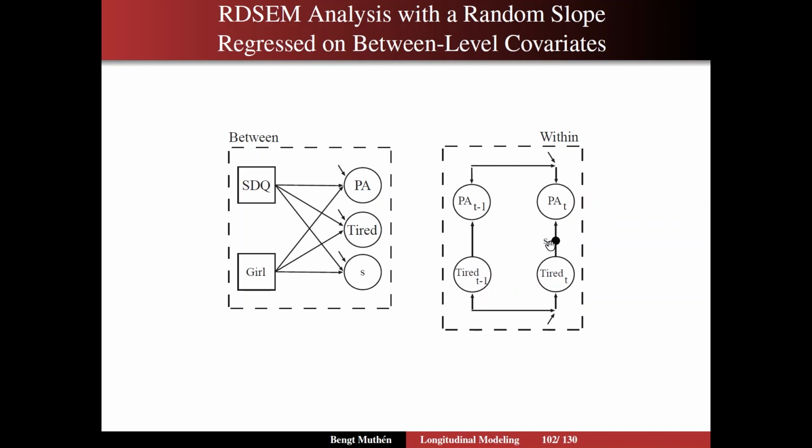You can have a random slope for this relationship. And on between then, you will have 3 continuous latent variables, and you can regress each of them, the random intercept for PA and tired and the random slope, on the 2 covariates that we used before, SDQ and GRL.